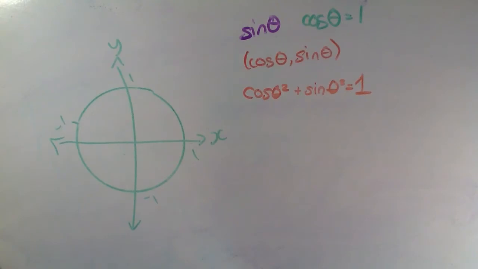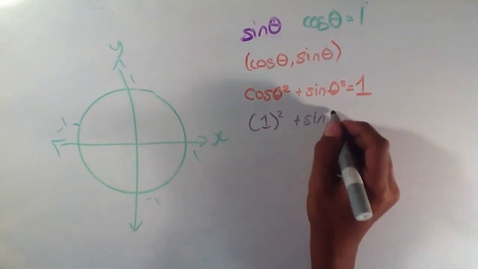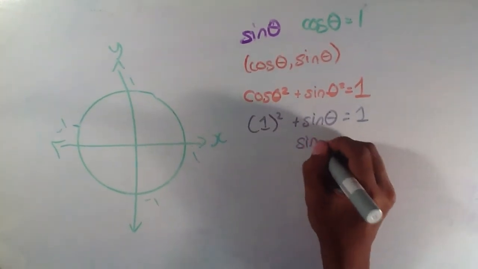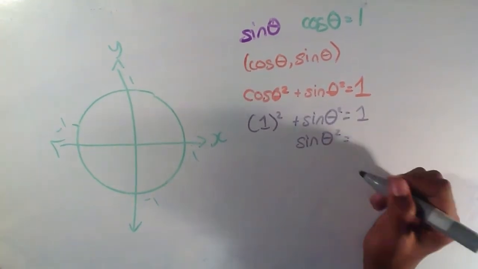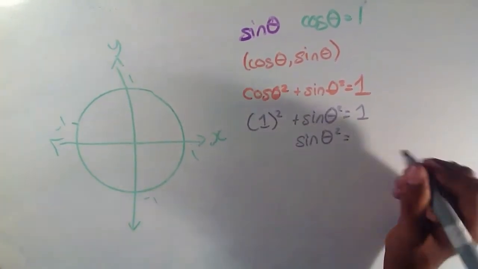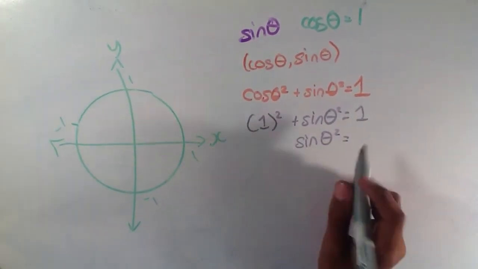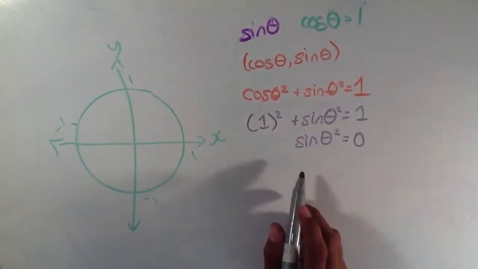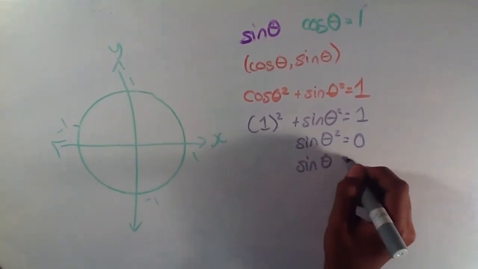If we apply this to the problem, cos theta equals 1, so that's 1 squared plus sine theta squared equals 1. If we simplify this down to get sine theta squared as the subject, we move the 1 squared, which equals 1, to the other side, and then 1 minus 1 will equal 0. So therefore, sine theta is equivalent to 0.